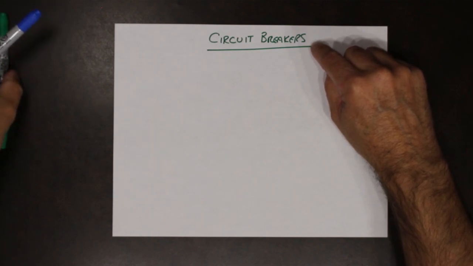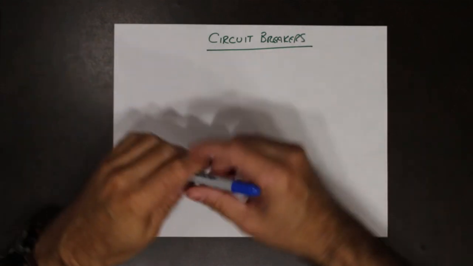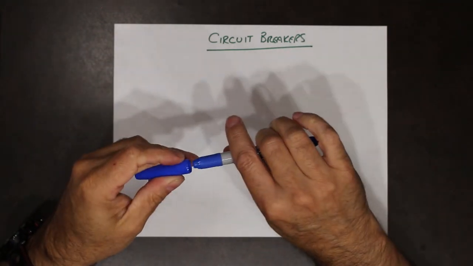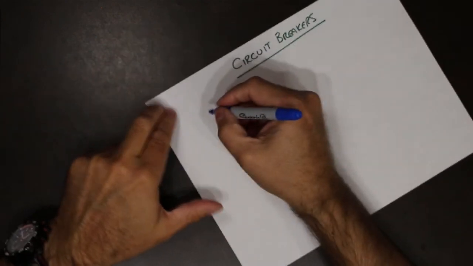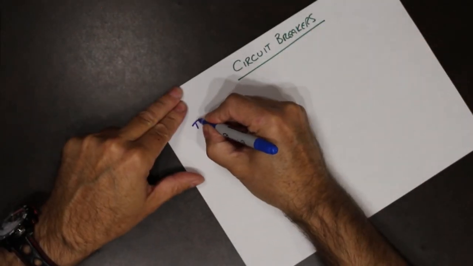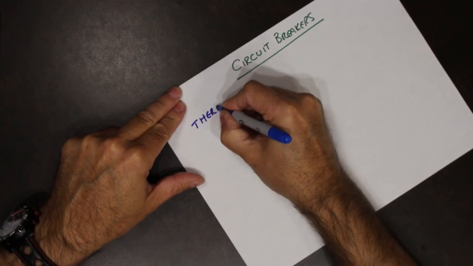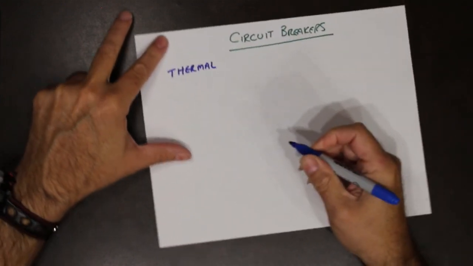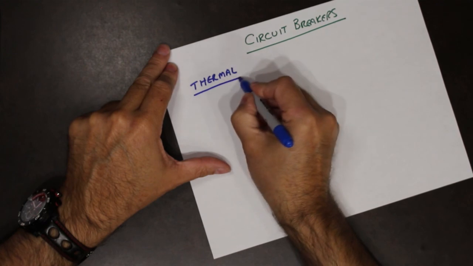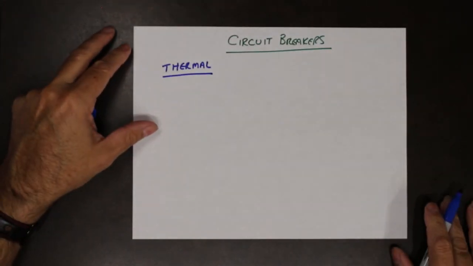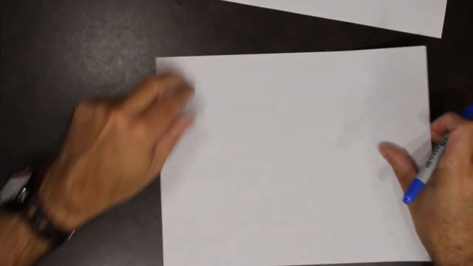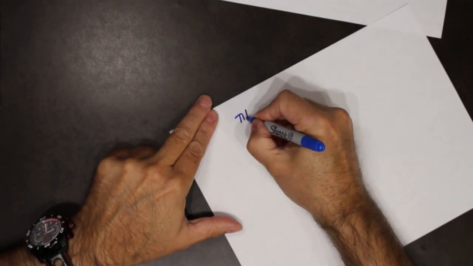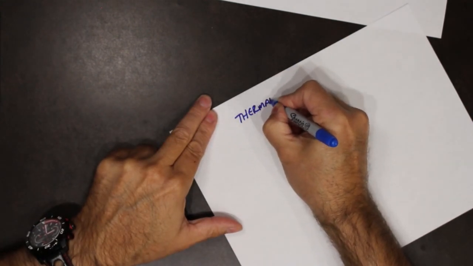If you looked at the common circuit breakers you find in a panel, there are three types of circuit breakers. The first one is what's known as thermal. Then there is thermal magnetic.